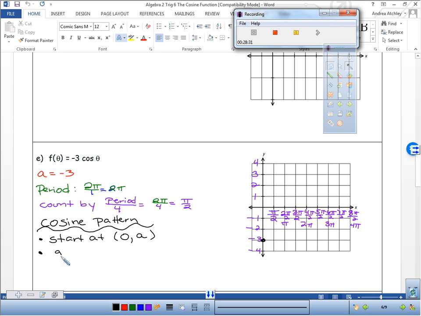Then it's going to go to 0. Then it's going to go to the negative A value, negative A. So this is already negative, so -3 times -1 is a positive 3.